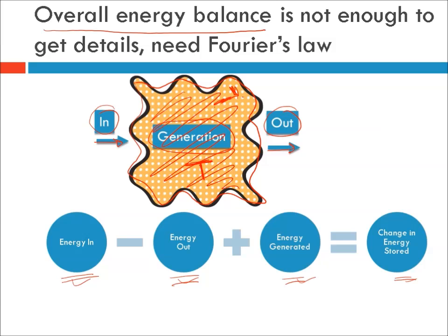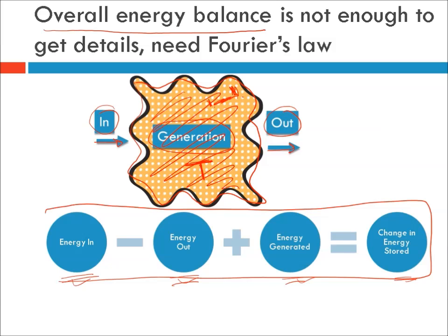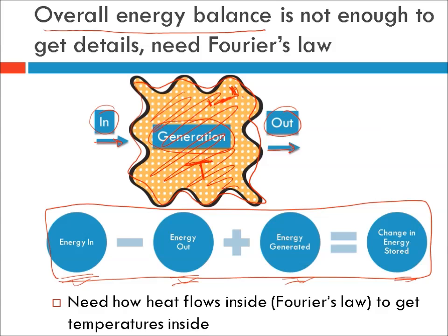It could be more here, less here, or the other way around. This information, the variation with location, is not going to be available in the kind of analysis that only has energy conservation. So we need more information.